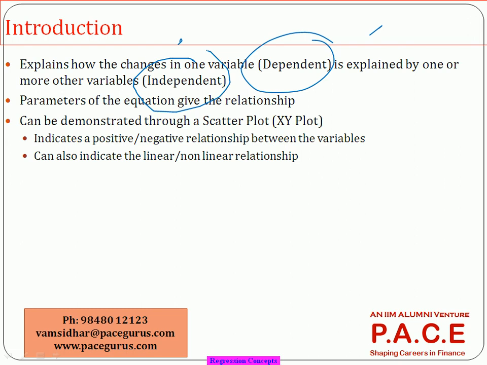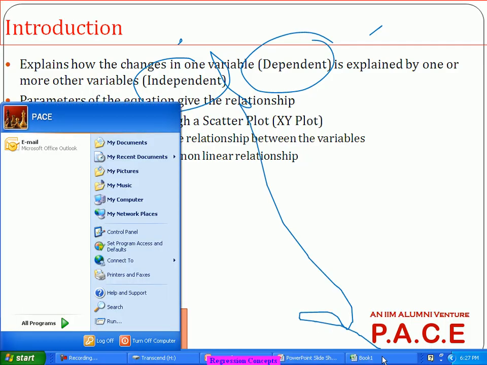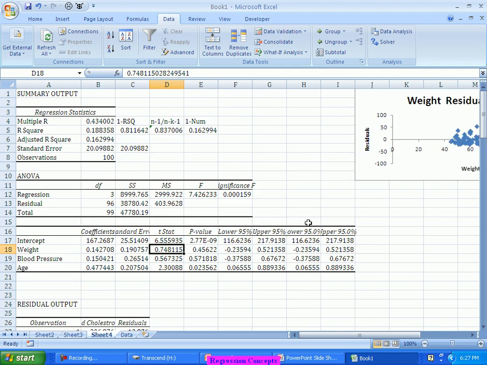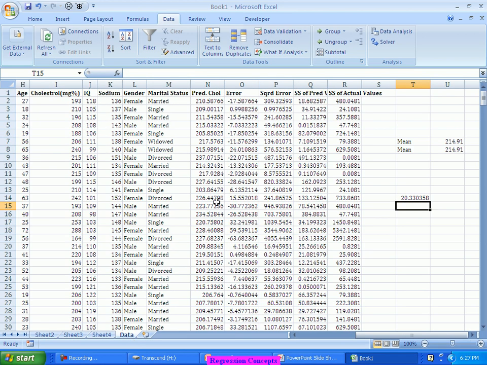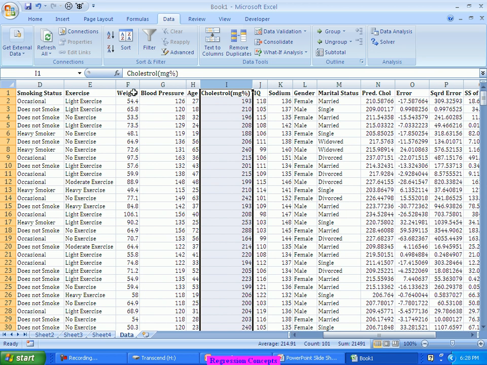Even in the case of correlation between two variables, before finding the correlation, we also talk about a scatter plot. It's just a diagram between the dependent and the independent variable. I plot a scatter between, let's say, the cholesterol and the weight.